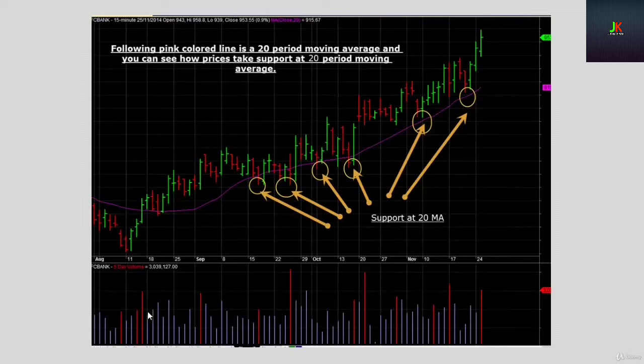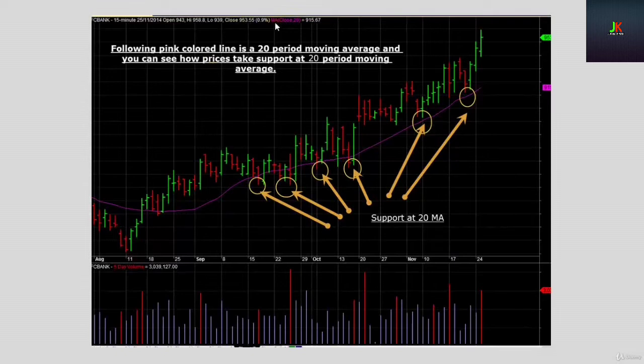Following is an HDFC Bank chart. It's a daily chart covering data from August 2004 to November 2014. The pink colored line is a 20-day moving average of close.